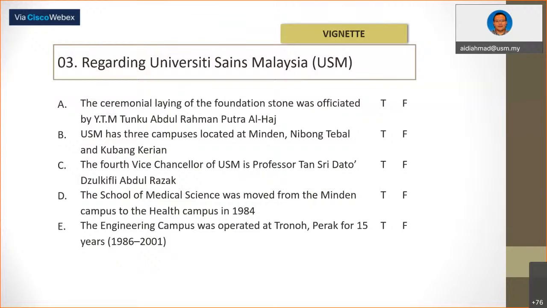It depends on how you want to put it. If you use multiple true false, you can ask more about the same focus. For example, if the theme is Universiti Sains Malaysia, you can put A, B, C, D, E, so there are more bullets to ask about the theme. But with the classical true false, it's basically only one theme per question, so it's very focused.